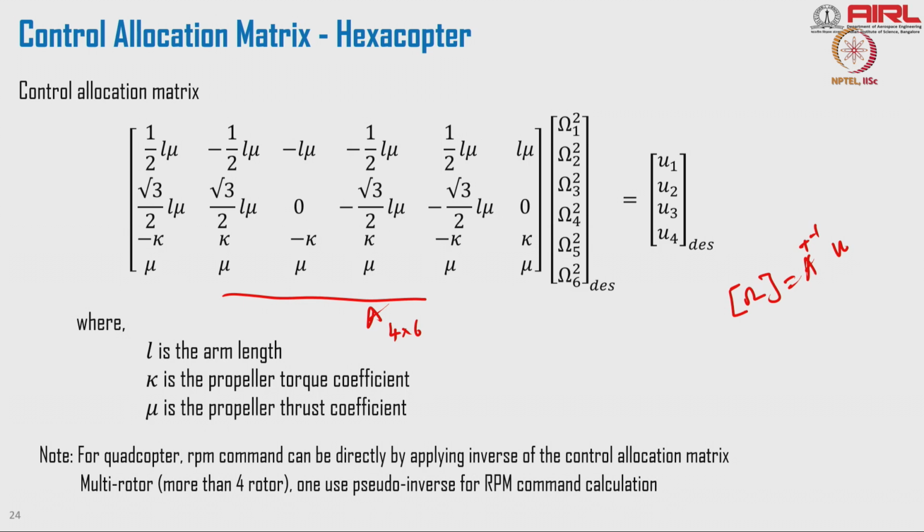These U1, U2, U3 are generated from the flight control system based on the requirement. This is my command to actuate my motor to generate the necessary RPM.